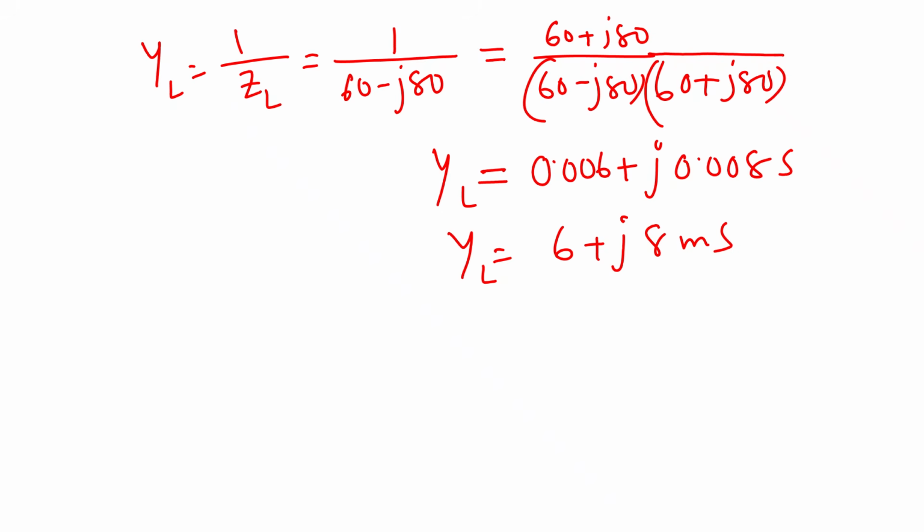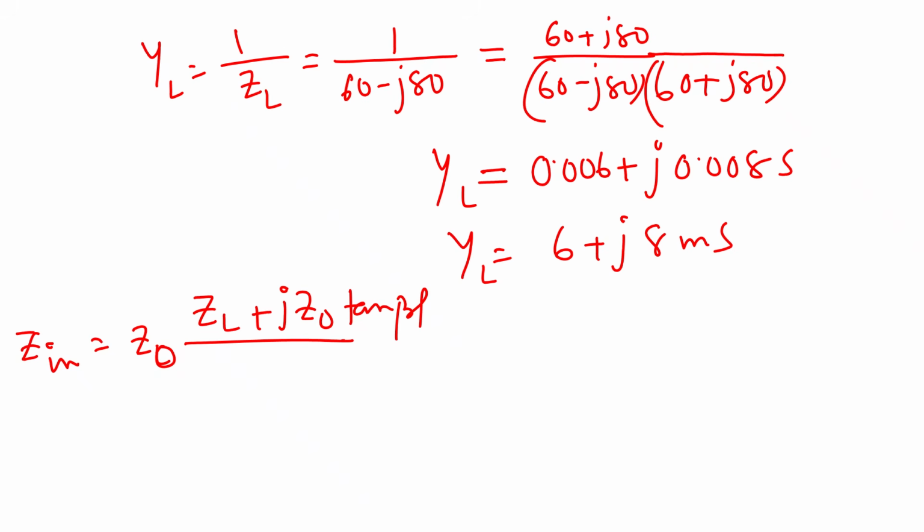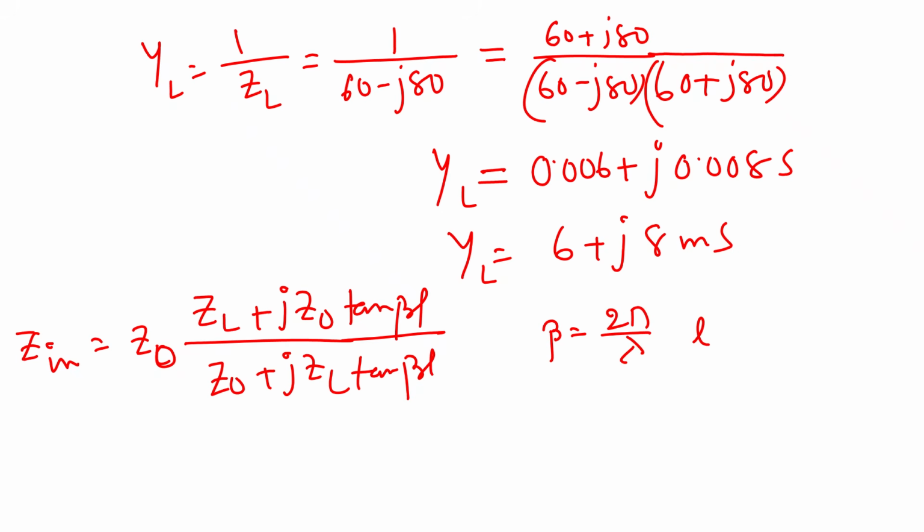And finally I need to calculate input impedance. The formula for input impedance is Zin equals, sorry, this will be Z0 times ZL plus jZ0 tan beta L divided by Z0 plus jZL tan beta L. Now beta is equal to 2 pi by lambda and L is given as 0.25 lambda in the question, which is lambda by 4.